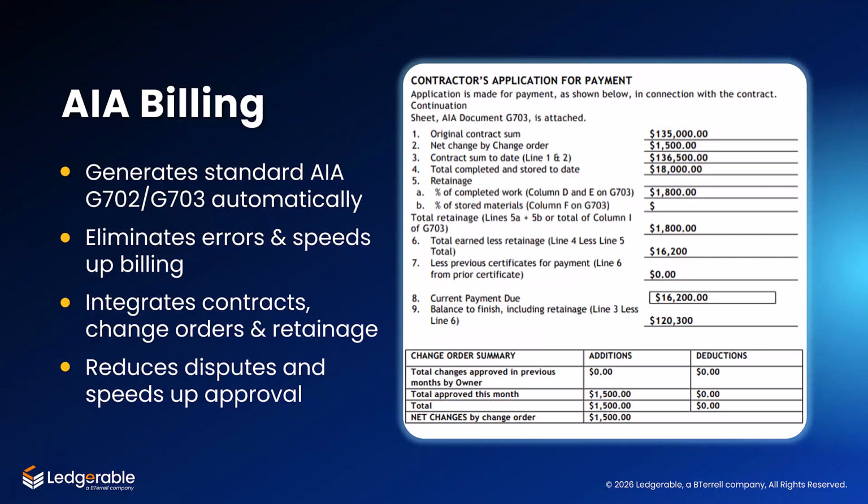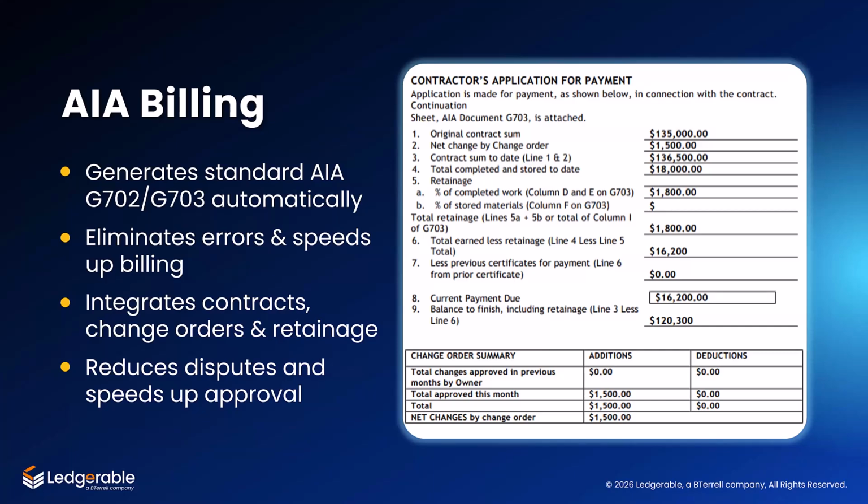Then you will see the total completed and stored to date. In this case, that ties back to the $18,000 we talked through earlier in the billing. And below that, you also see retainage, which is being calculated automatically, for example, at 10% based on the contract setup.